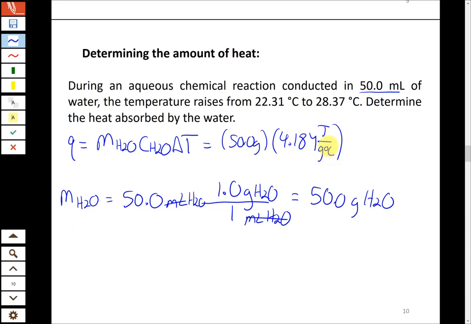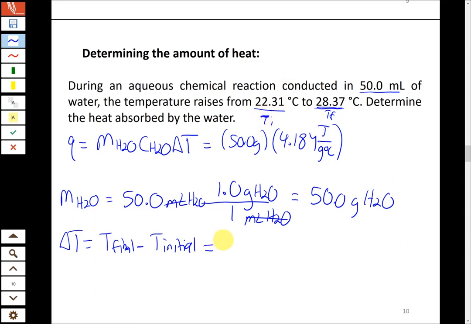And then finally, we need the delta T term. So delta always means final minus initial. In a lot of cases, you'll have to calculate that, but it's very simple. It's just subtracting two numbers. So you have to look closely at which one's final and which one's initial to get the sign right. But it's going from 22.31 to 28.37. So that's our final, and that's our initial.